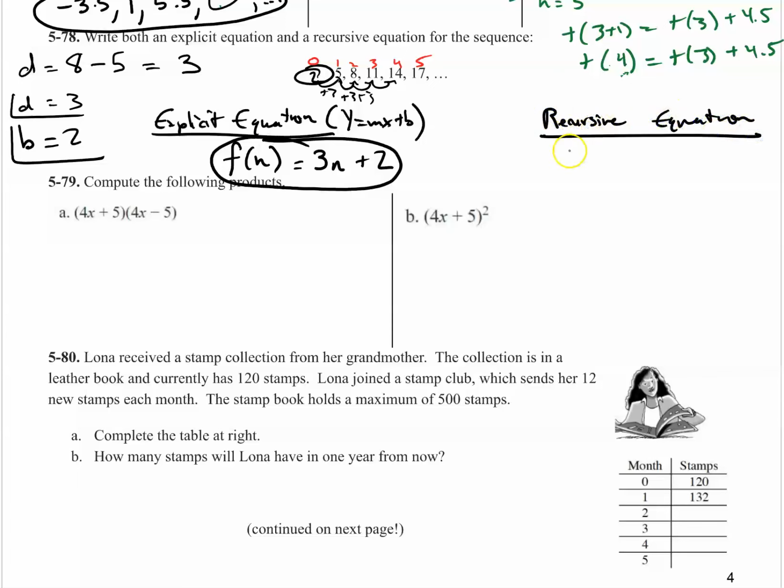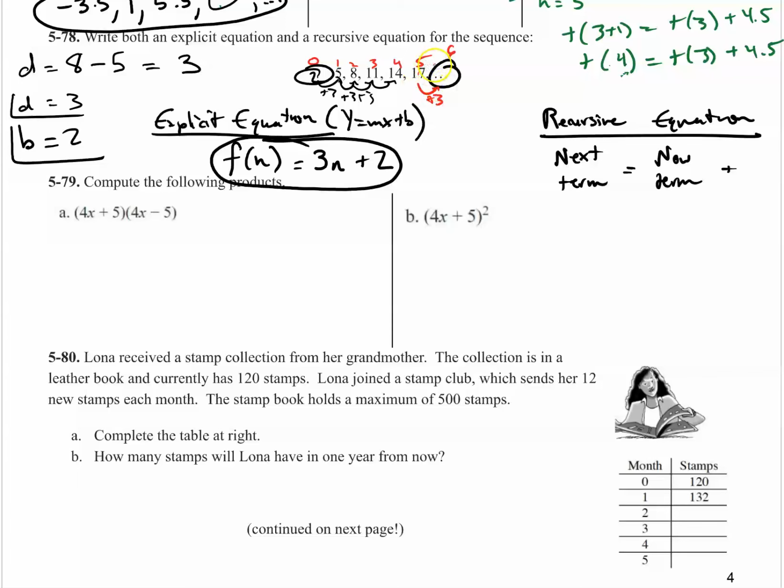To get the recursive equation, here's where you start. Let's think about the next term. To get the sixth term in the list, we take the now term, and what do we add to it? Well, for the sixth term, we take the now term, the fifth term, which is 17, and we add 3 to it.